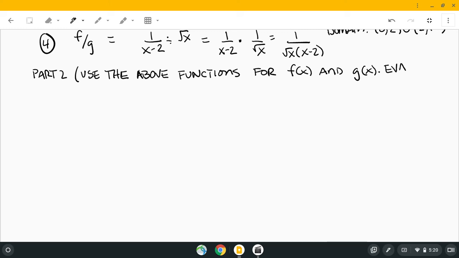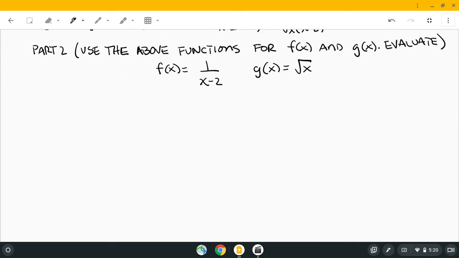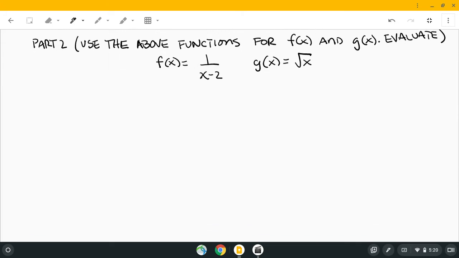And then we're going to evaluate. Okay, so let me go ahead and write them here again. 1 over x minus 2. And g of x is square root of x. All right, so let's take a look here. Suppose that I have this to evaluate. F plus G of 4.